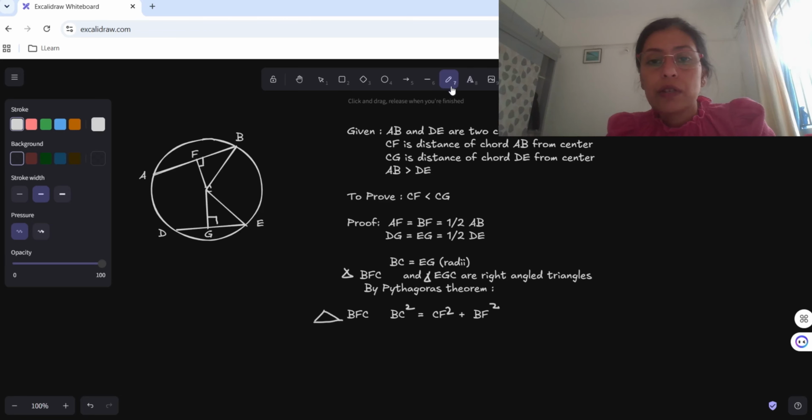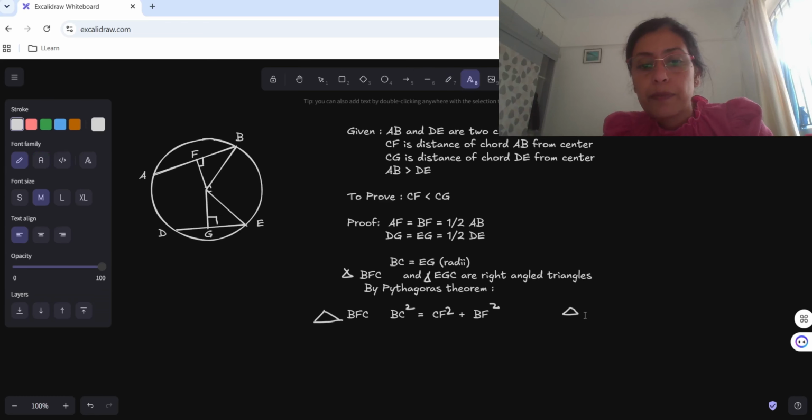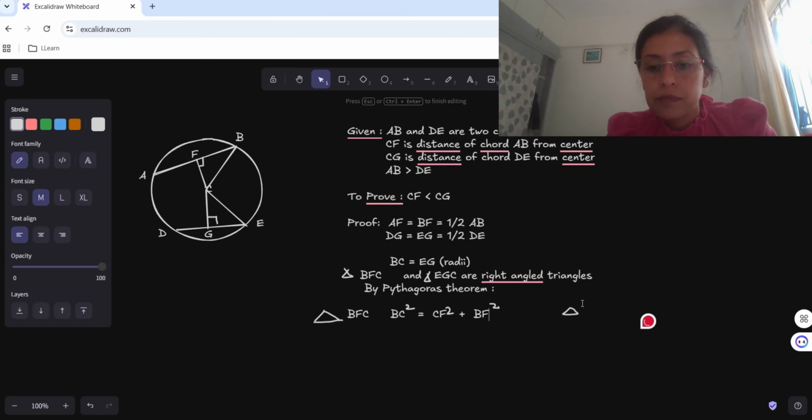Now we'll start with the other triangle. What is the other triangle? The other triangle is my triangle EGC. So in triangle EGC, what is the hypotenuse? Hypotenuse is EC.